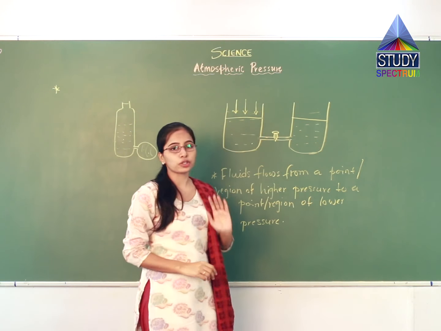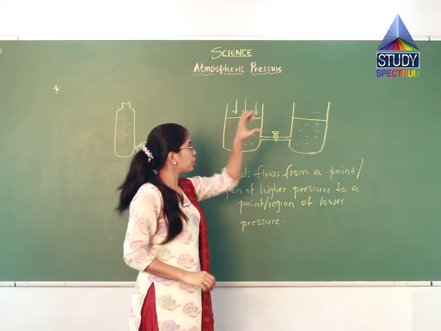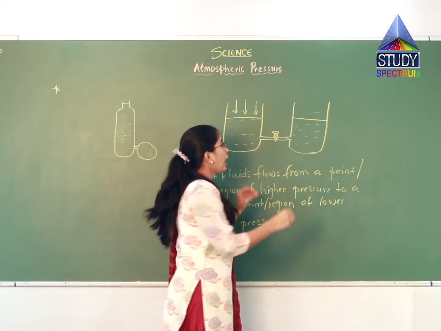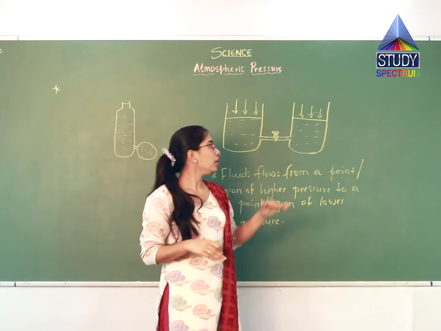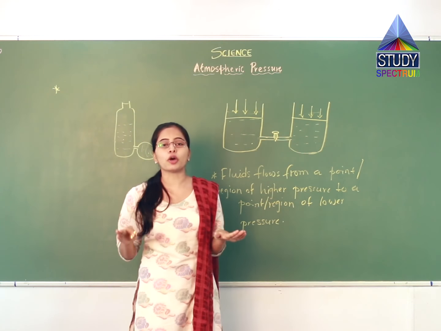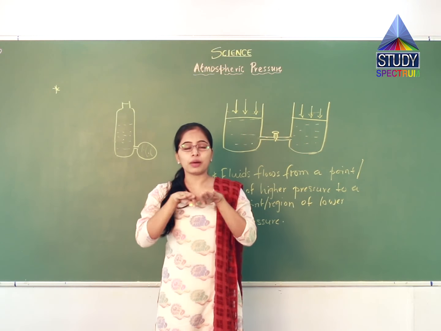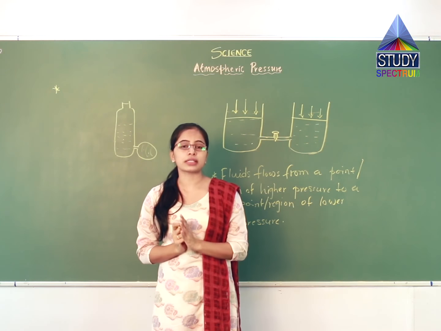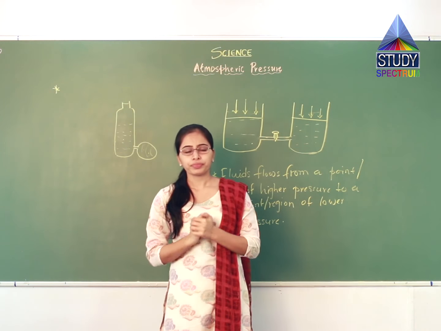There are two kinds of pressure: one pressure due to the water itself, and the second is atmospheric pressure. When water pressure and atmospheric pressure both become equal, the flow of water stops. That means the levels in the two containers become equal. So this example shows us that there is atmospheric pressure.